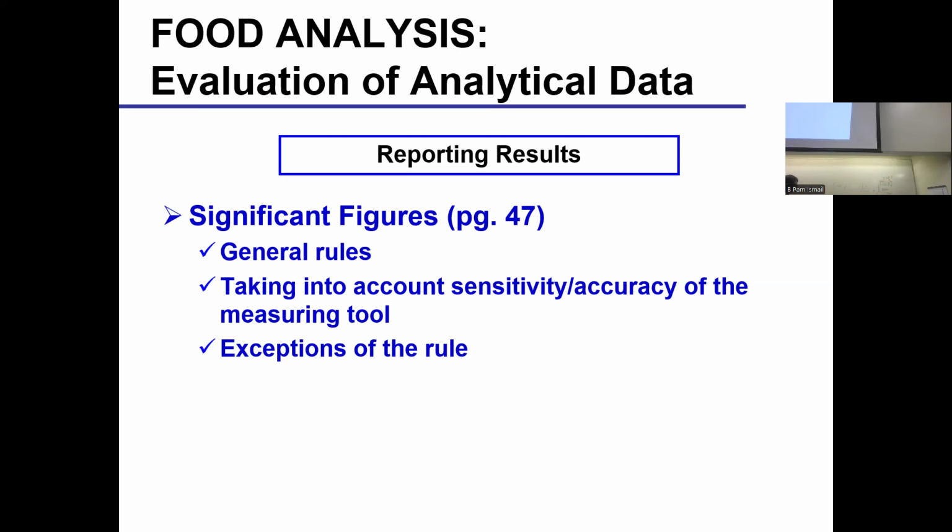So if you have a balance that can be 4 digits after the decimal, so let's say you weighed a sample and let's say it was 0.02. Okay. How many numbers after the decimal are you 100% sure of?